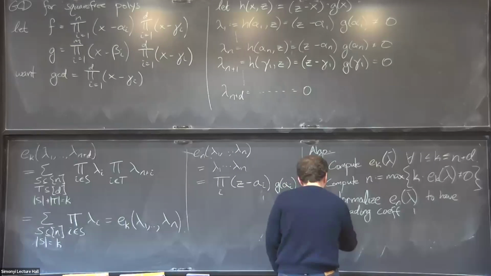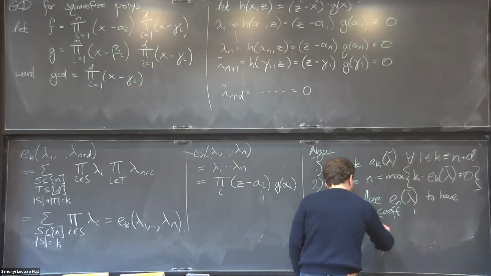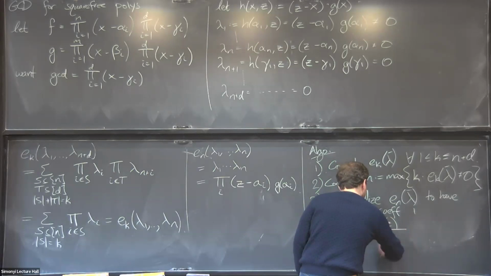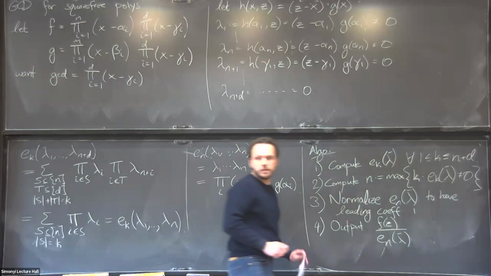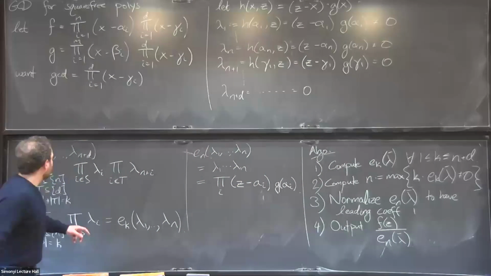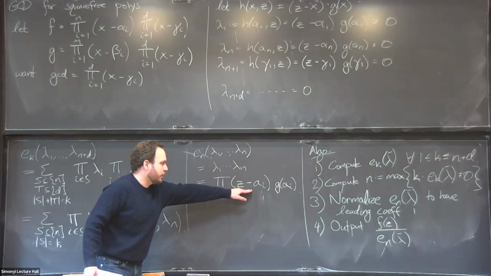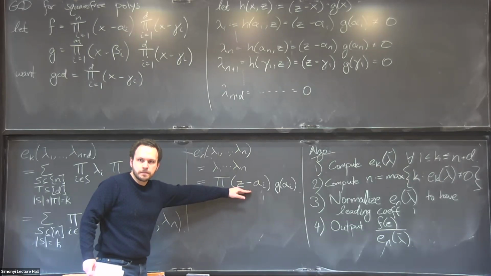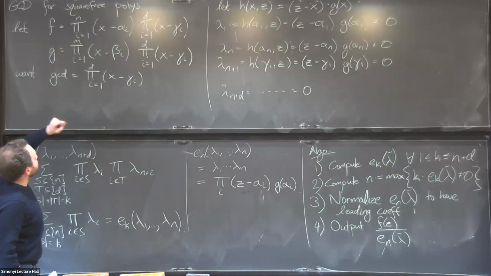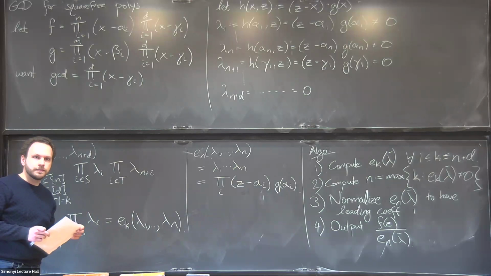And we're going to output f of z divided by this e_n of lambda. As Johan pointed out, this is actually the part of f that's not in the GCD. So I want to divide this out. This will give you back just the product of the gammas, which is precisely the GCD.